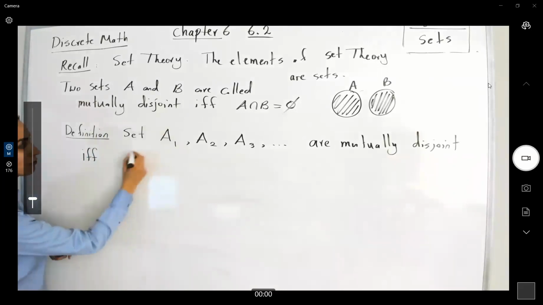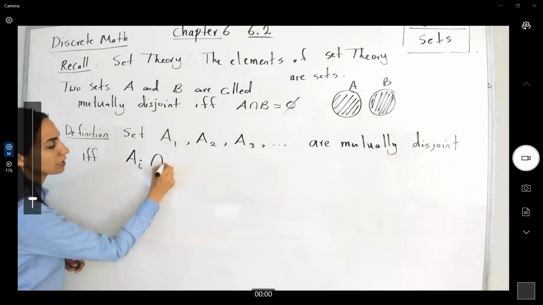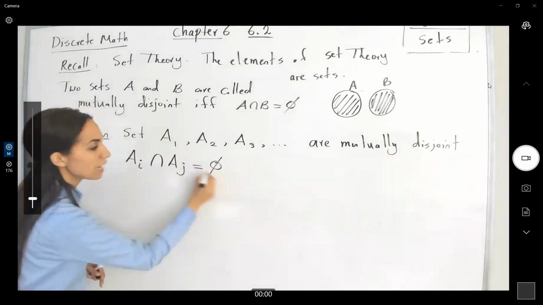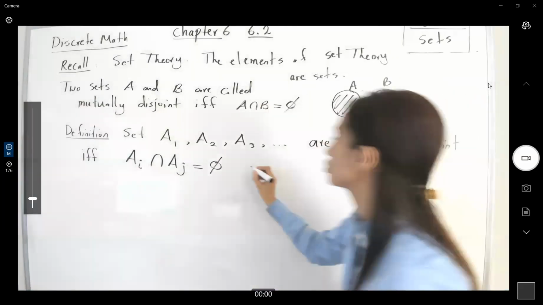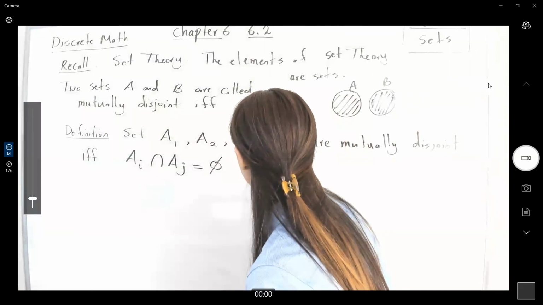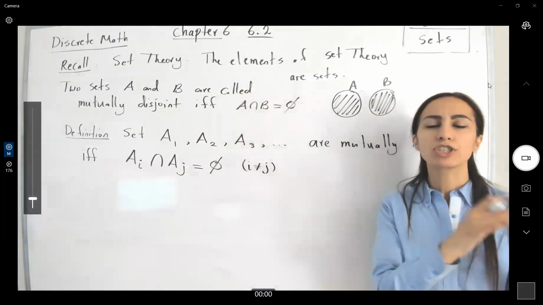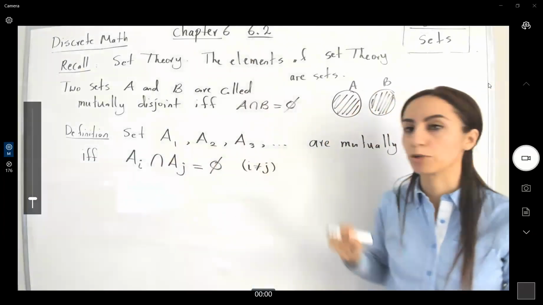If and only if A sub i intersection with A sub j is empty. Note that we are separating these sets from each other. So i and j are not equal to each other. It means that we are just taking those sets that are different from each other.